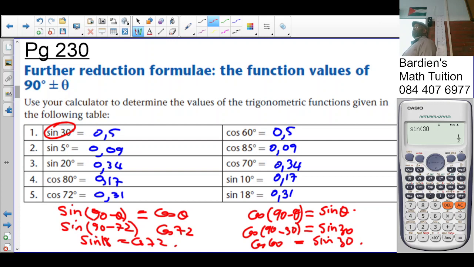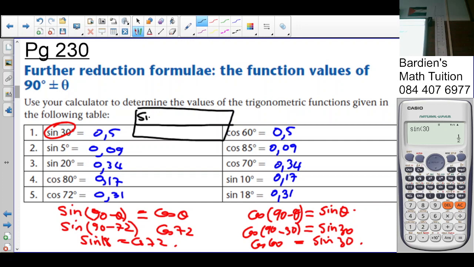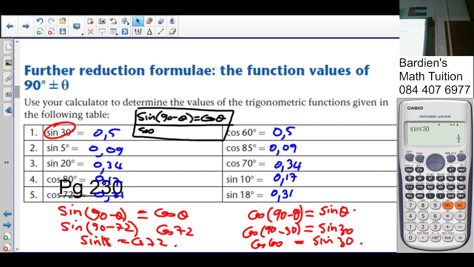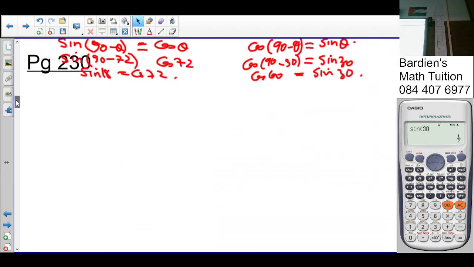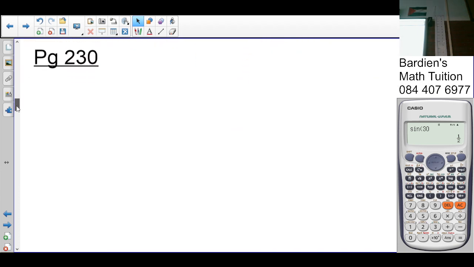Will you guys understand? So importantly, we have now your reduction formulae. If you have sine of 90 minus theta, it is equal to cos theta, and take this to the cos diagonal.